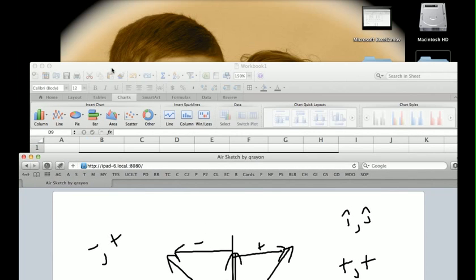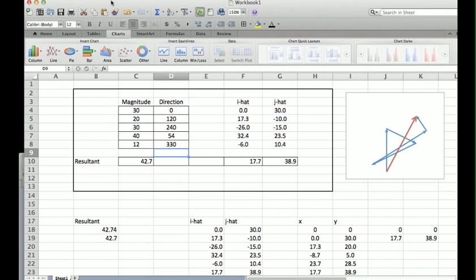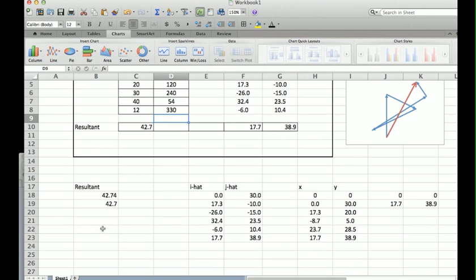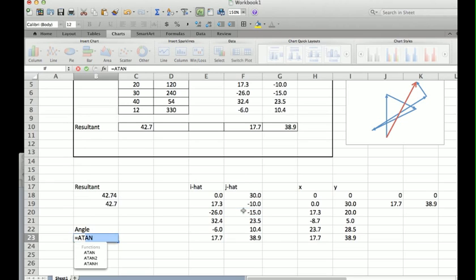Let's come back to our Excel here, and let's come down here and do angle. How do we get our angle? I want to do equals ATAN of my i hat divided by my j hat, my final i hat, and my resultant, the sum of my i hat and the sum of my j hat.